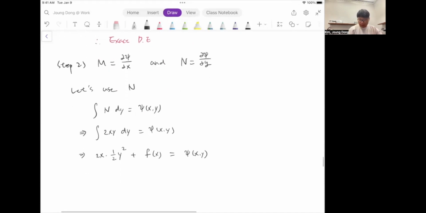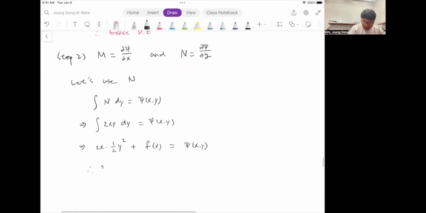We're almost there, right? Let me simplify. Therefore, I can say psi x, y is equal to xy squared plus f of x. But we still do not know f of x. How can you find it? That is the part where I have to use M now. Think about it. Your M is the derivative of psi with respect to x, right?